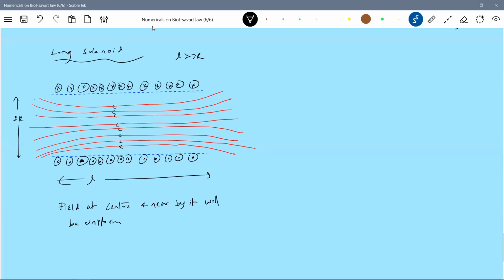Let's go for one more. At the ends we'll calculate, because we have a formula also. Here at the ends, it has to be determined.